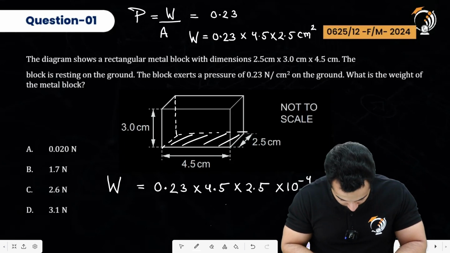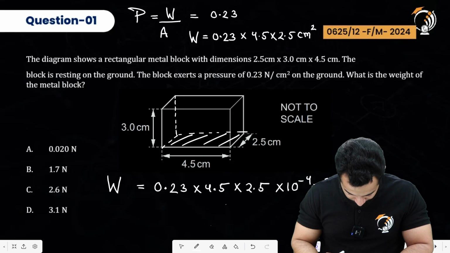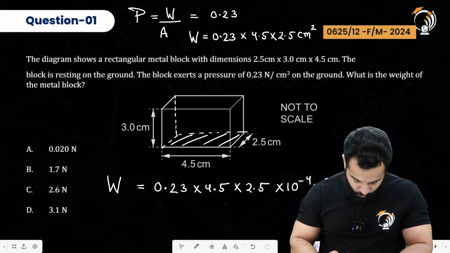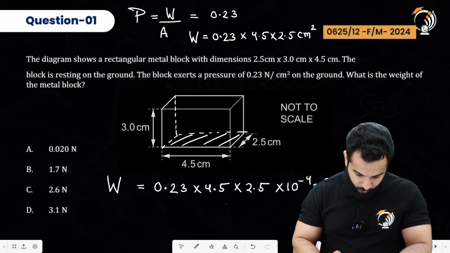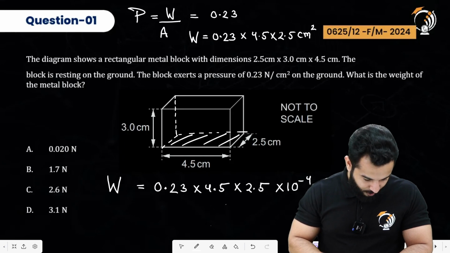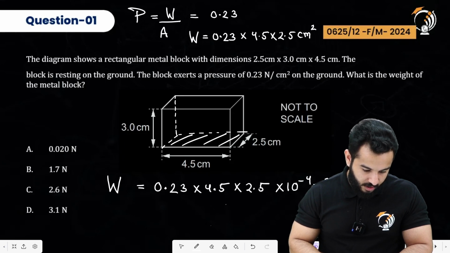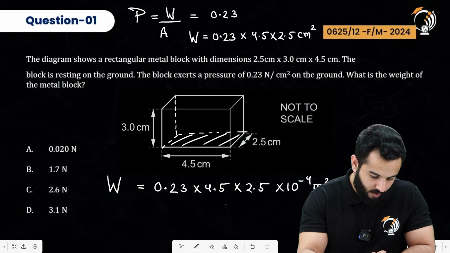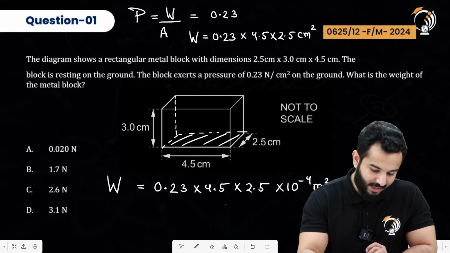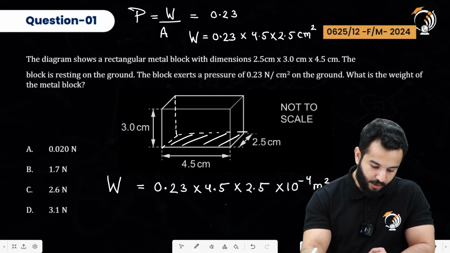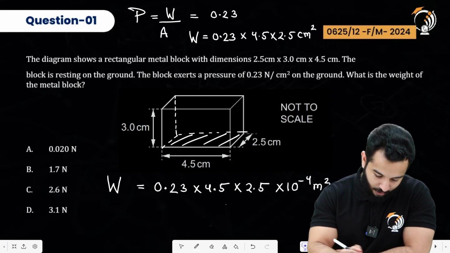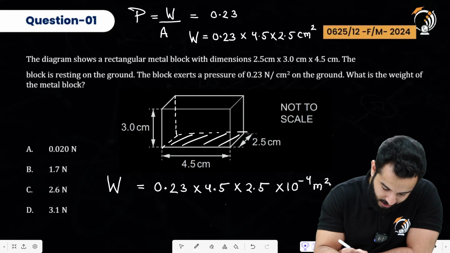Let's quickly find it out. 0.23 times 4.5 times 2.5, let's check it once again. By the way, pressure is also in centimeter square, so we don't have to multiply, because this is also in centimeter square.